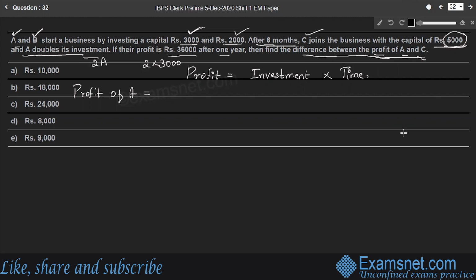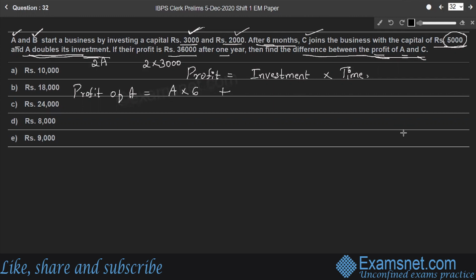After 6 months, his investment is double the initial investment. Do you agree? Therefore, the profit of A becomes, in the first 6 months, the initial investment, that is 3,000 rupees, into time, 6 months, right?